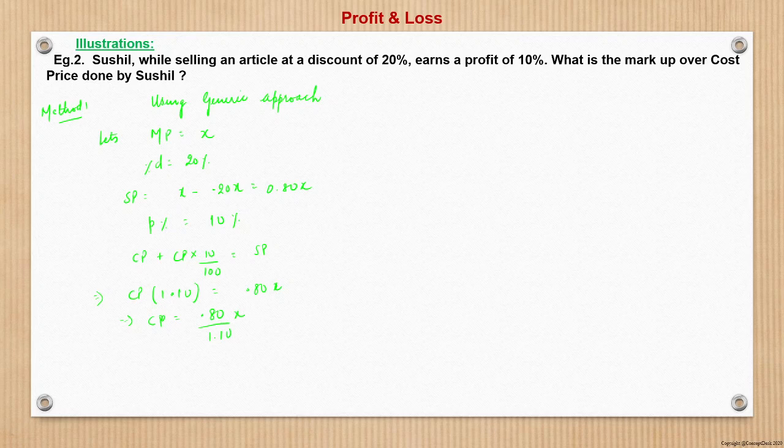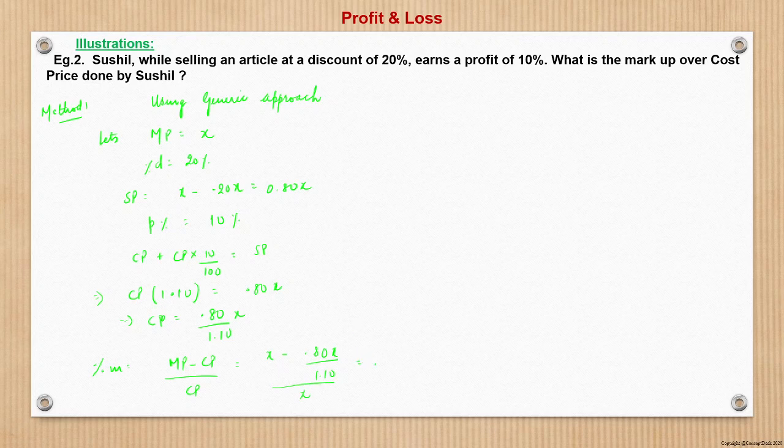So now CP we have obtained, MP we know, so we need to find the percentage markup. Percentage markup we know is marked price minus cost price upon cost price, which is X minus 0.80X upon 1.10, upon 0.80X upon 1.10.